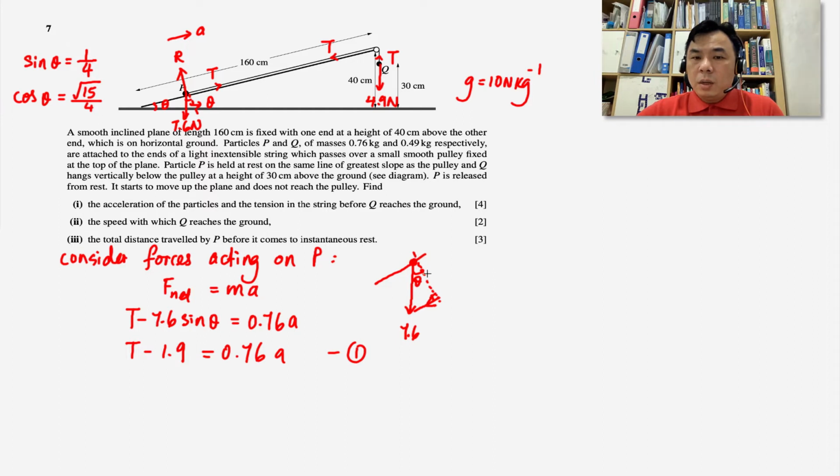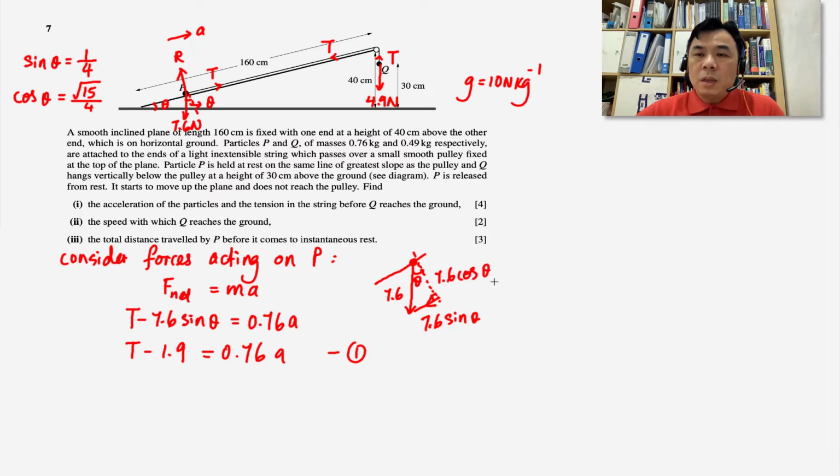Now if you apply your SOHCAHTOA, if you assume the hypotenuse is 7.6, then the component of the weight that is parallel to the slope will be 7.6 sine theta, whereas the perpendicular component would be 7.6 cosine theta.